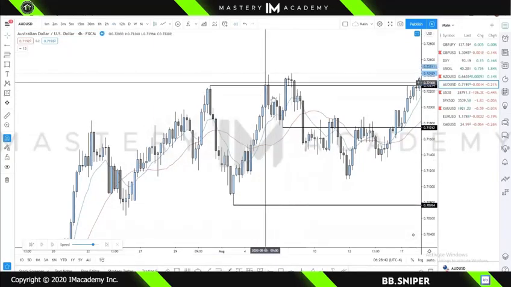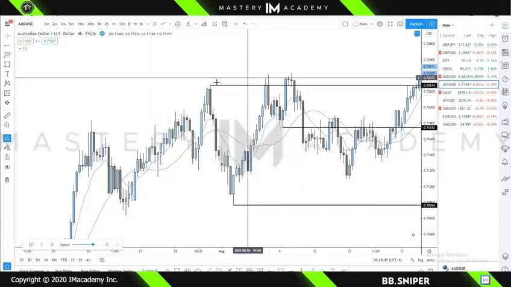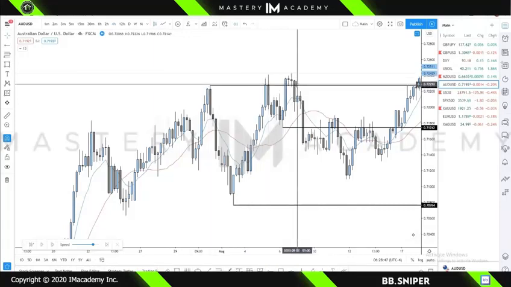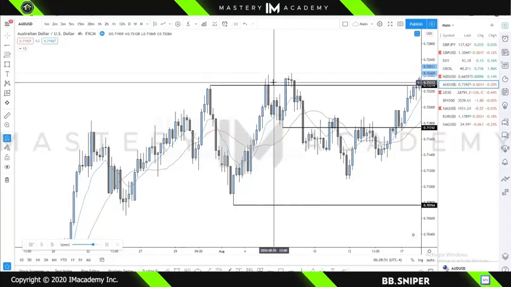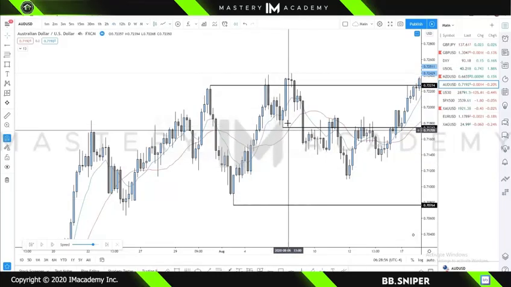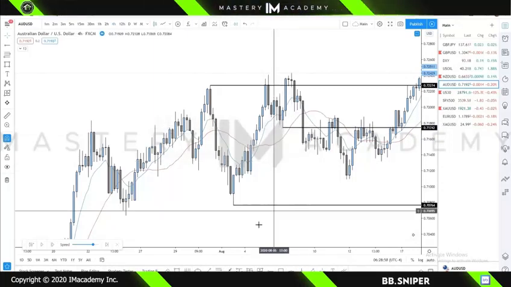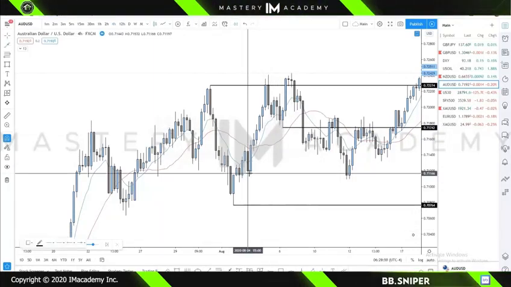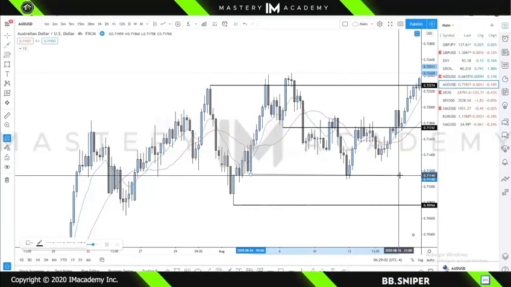After the 4 hour made that higher high, right, and took out the external liquidity, now we would anticipate a retracement based upon the entire range, right? And so this here would be internal liquidity, right? This here would also be internal liquidity.